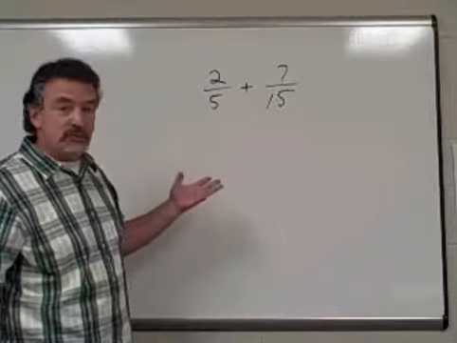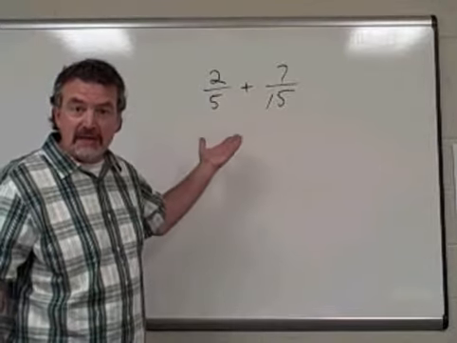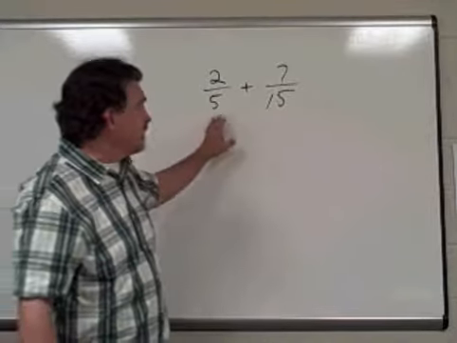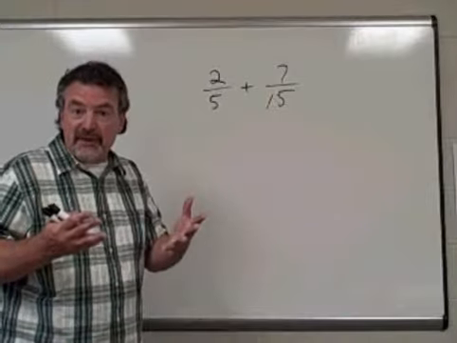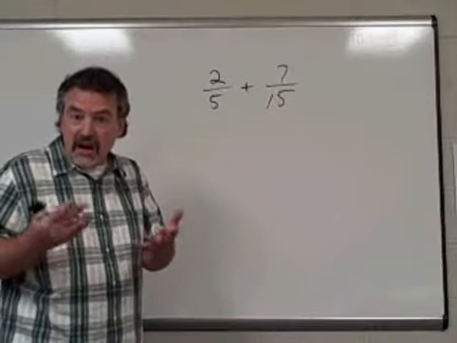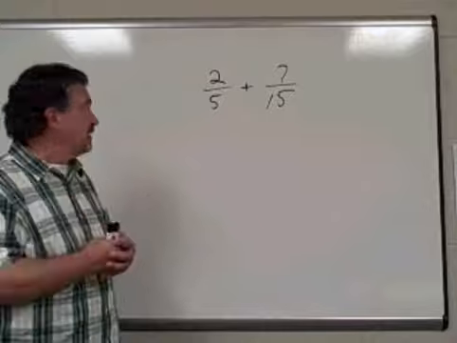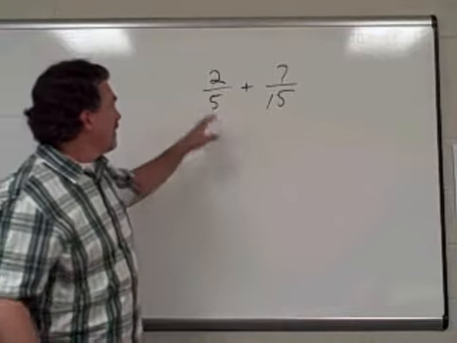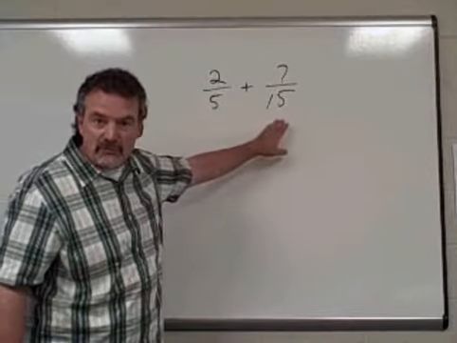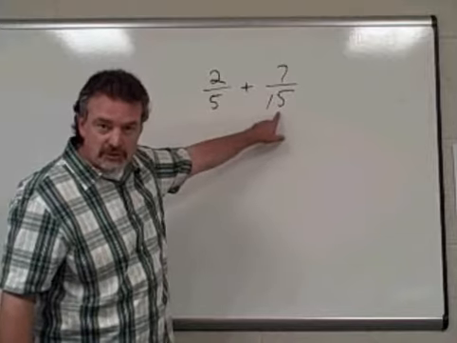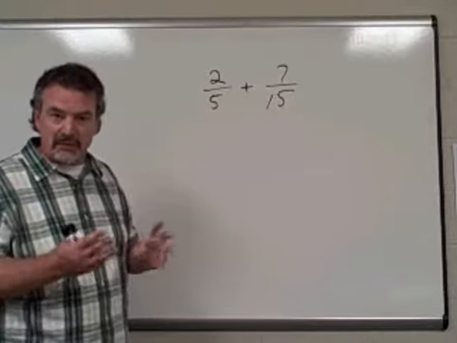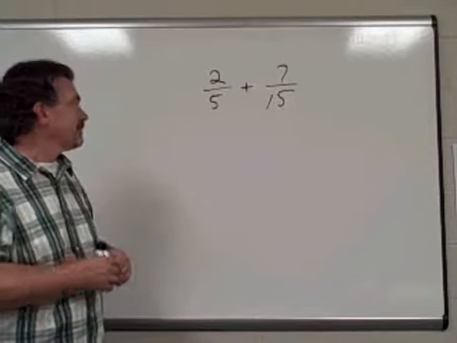And there are times where we can simply look at the two denominators and pick out the pair of pants that's big enough, the common denominator, the common multiple. If one number is a factor of the other, then the larger number can be used as the common denominator.